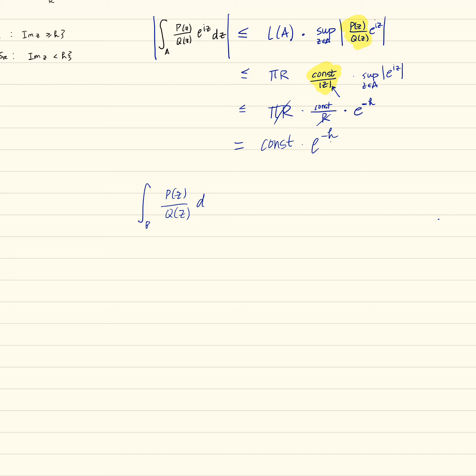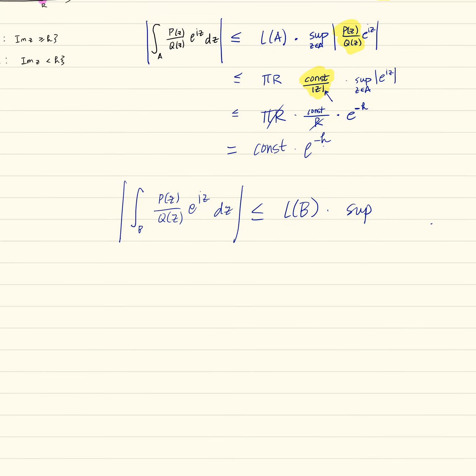Sorry, just kidding. It should be e^(iz) dz. Is going to be less than or equal to, no surprise here, the length of B times the supremum of P(z)/Q(z) e^(iz), and this is for all z in B.